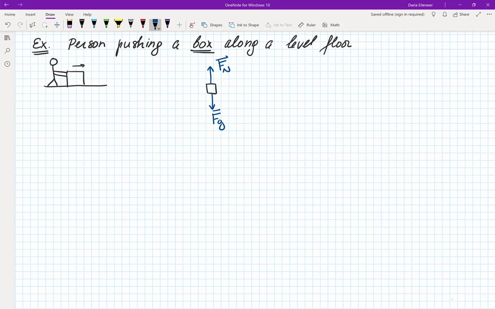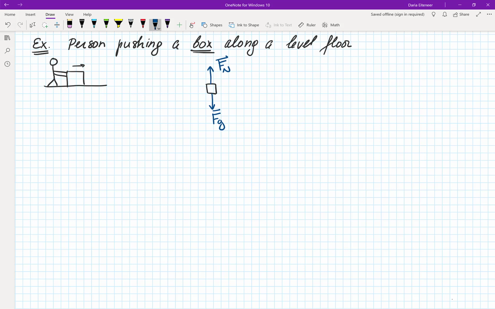So as I'm drawing my free body diagram, I don't even know what else is going on. I haven't even put all of that on the free body diagram. But I can already scale those two forces to each other. I know there is nothing else that can possibly happen in the vertical direction, and that means that those two forces in the vertical direction are going to be balanced. So I'm drawing them the same magnitude. Okay?